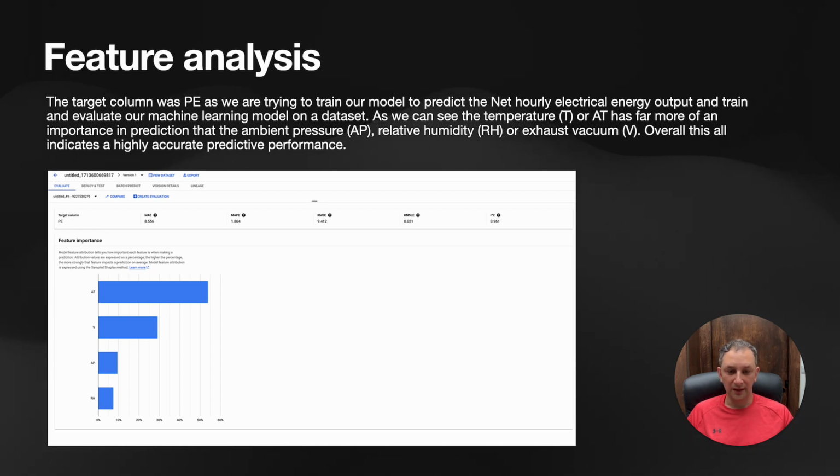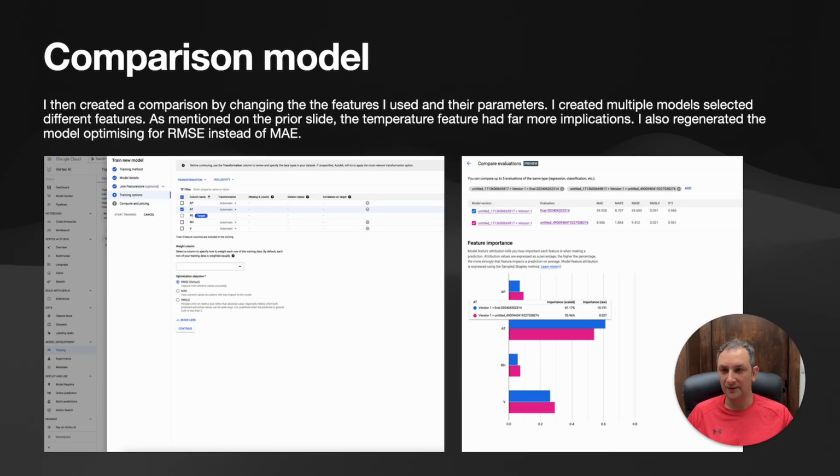The MAPE, or mean absolute percentage error, also indicated a very low percentage error, and the R squared suggests very strong explanatory power of the model, overall indicating that it's got a really fantastic, accurate predictive performance.